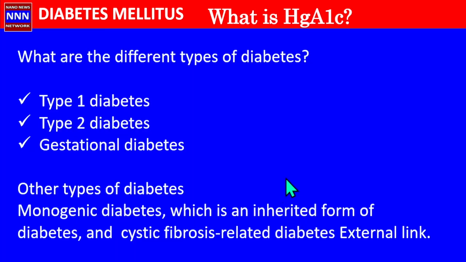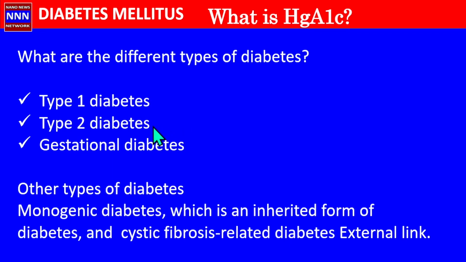There are different types of diabetes. Just to say, type 1 diabetes is seen mostly in juvenile or younger people whose body cannot produce insulin. As a result, they have to depend on insulin. And that is a more serious kind of situation. Whereas type 2 diabetes is seen in the adult population towards the age 40, 50, 60, 70, where it is associated mostly with obesity and other medical problems.